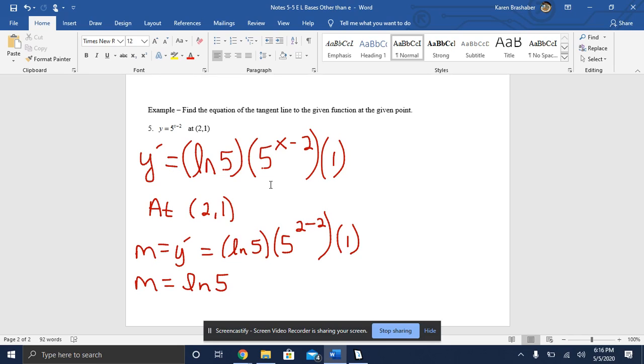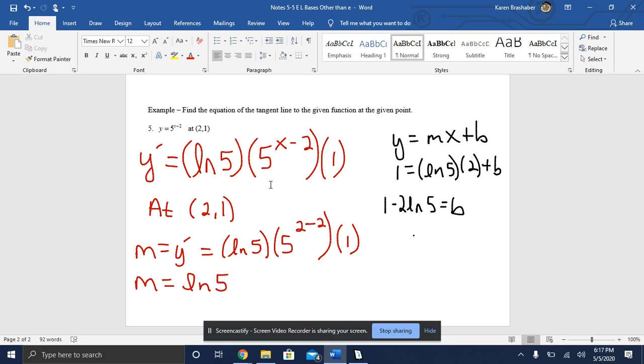And then to find the equation of the tangent line, of course, we could do y equals mx plus b and substitute in 1 for the y, the natural log of 5 for the slope. X is 2, and we would solve for b. So b ends up being 1 minus 2 times the natural log of 5.